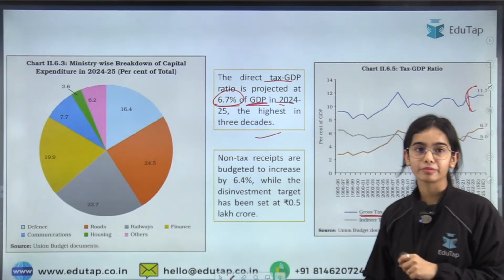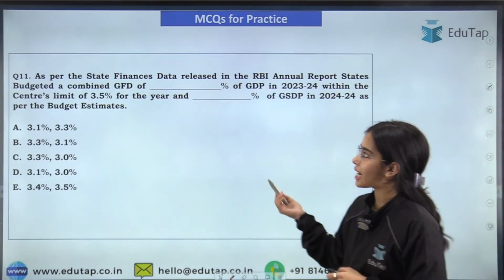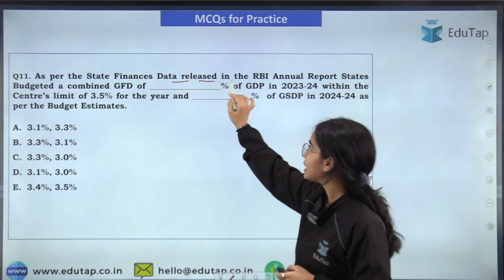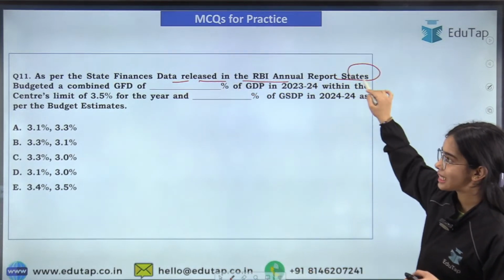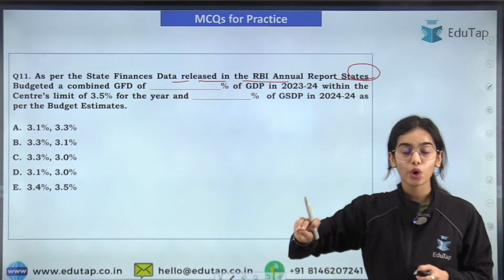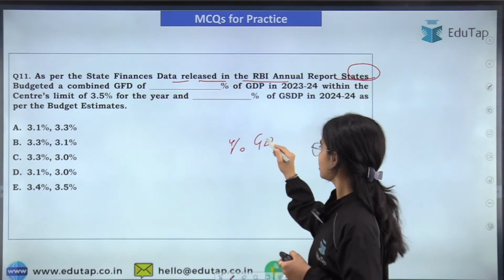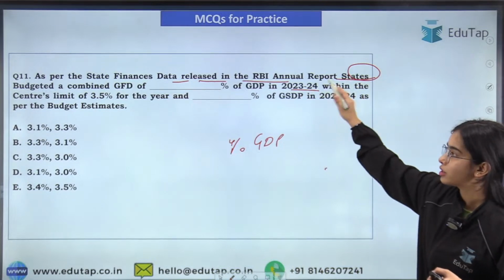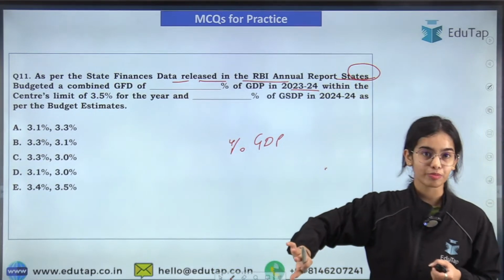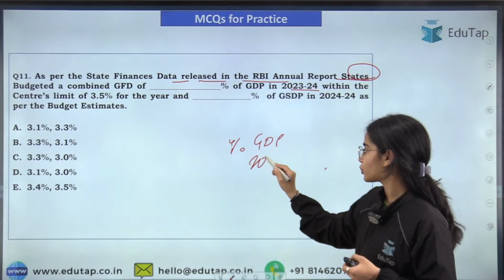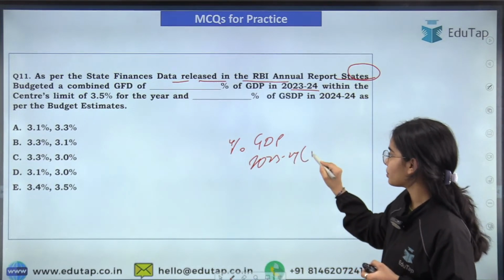So now moving forward to the next slide, as per the state finances data released in the RBI annual report, states budgeted a combined gross fiscal deficit as a percentage of GDP in 2023-24 within the center's limit of 3.5%. This is for the 2023-24 budget estimates.